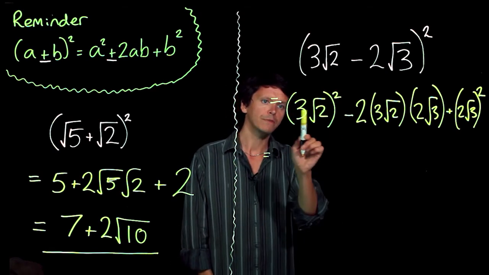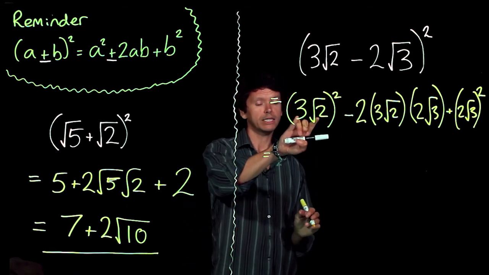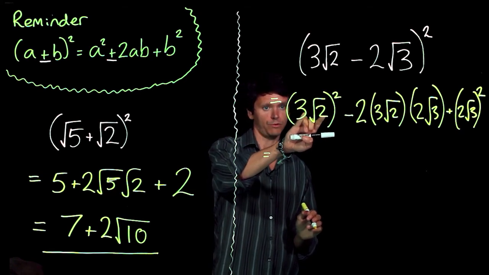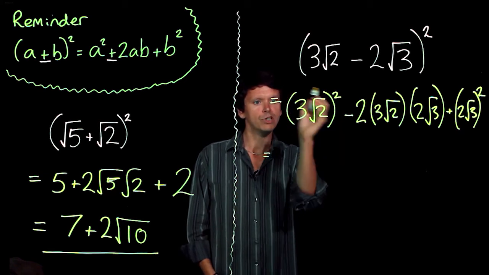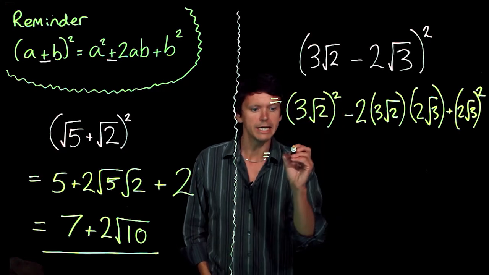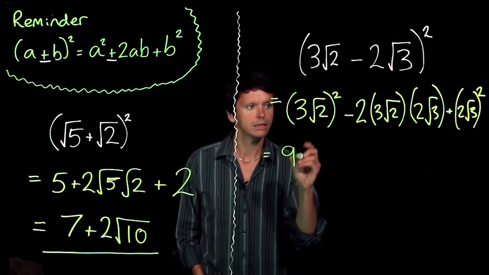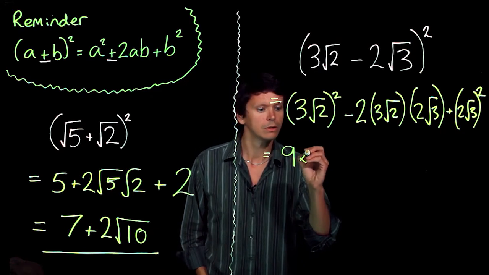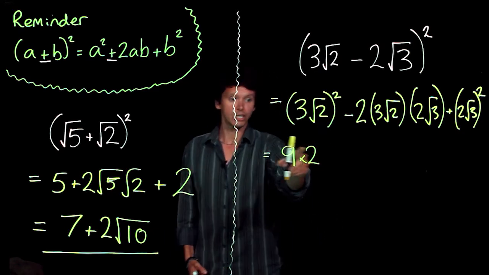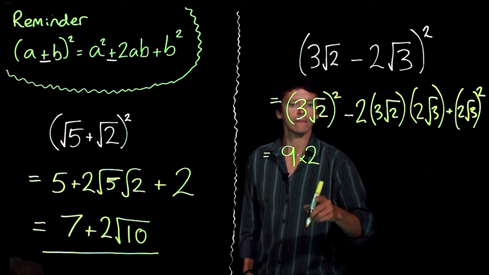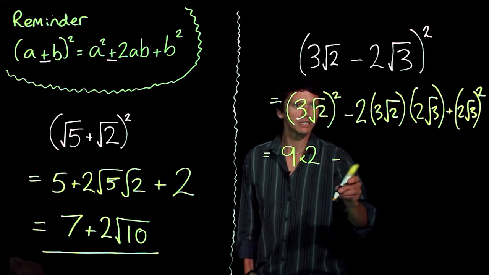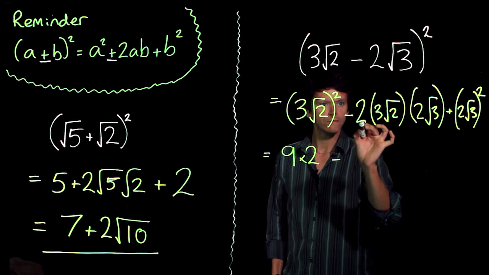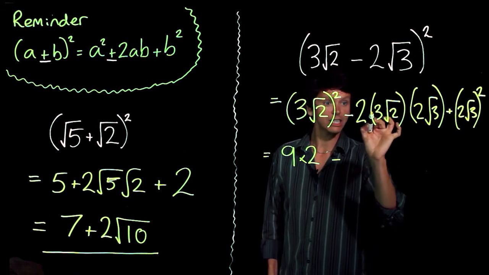If we square 3 root 2, multiply that by itself, we're going to end up with 3 times root 2 times 3 times root 2. So let's reorder that. 3 times 3 is 9. Root 2 times root 2 equals 2, which actually, of course, is just 18. Minus. Okay, let's again reorder this. First of all, we deal with the rational number parts.